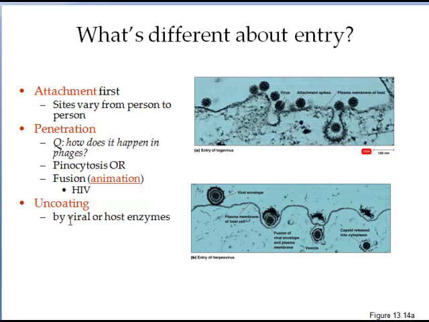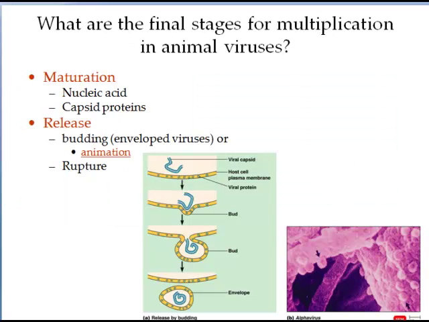And when a viral infection is going on, when the virus is multiplying, that's when, for example in us, we see the temperature rising after a flu or a cold, because the virus is multiplying within the cell. So a high fever is usually a sign of viral multiplication. The final stages, as I said, are maturation, in which the nucleic acid and the capsid are put together.